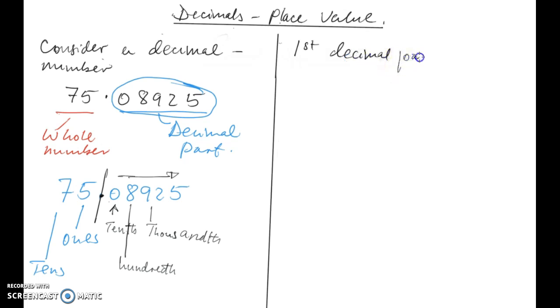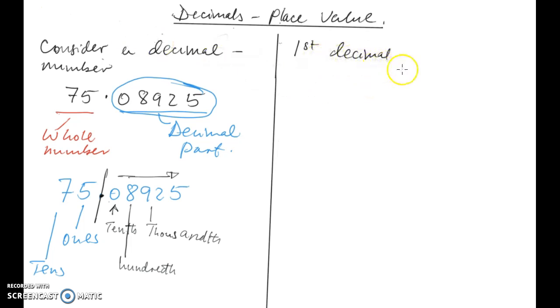The first decimal place represents tenths.